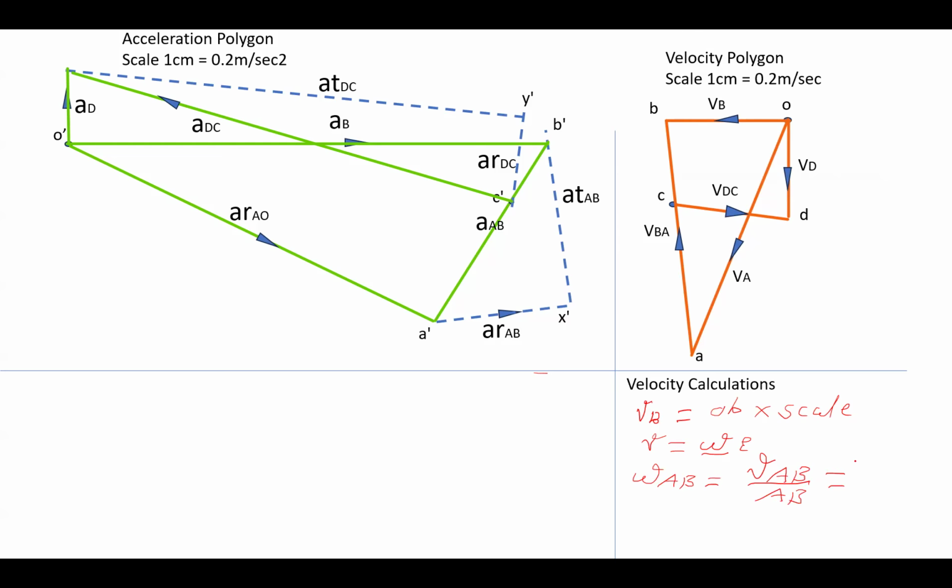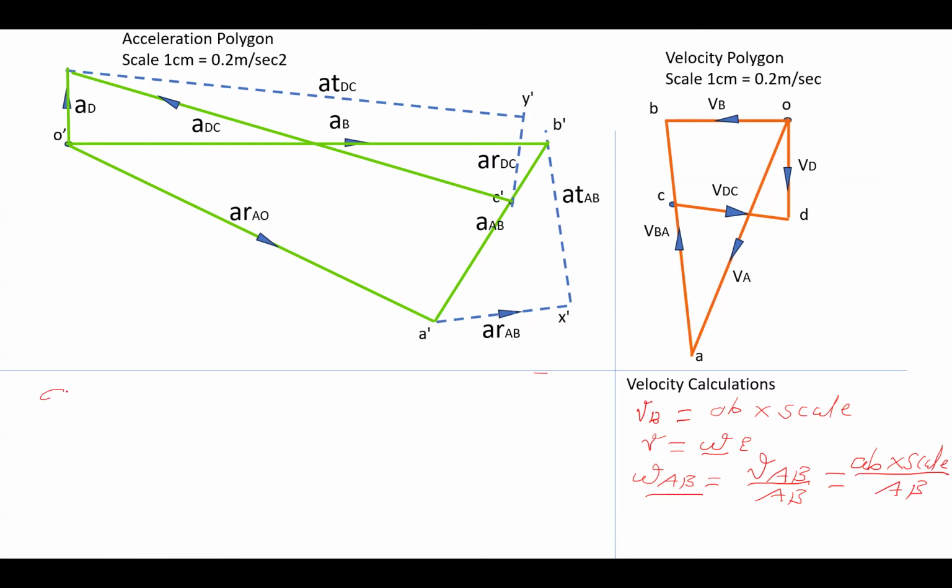So velocity of AB is nothing but vector AB multiplied by velocity scale divided by your AB length. This will give you the angular velocity of that particular link. So this is the sample calculation of velocity, and next the sample calculation of acceleration.